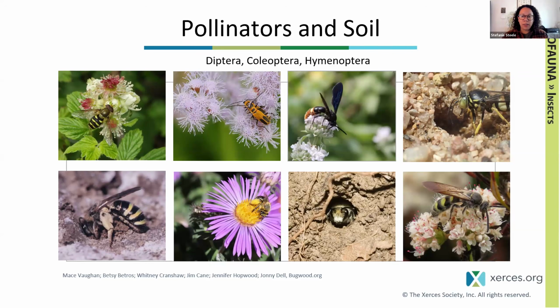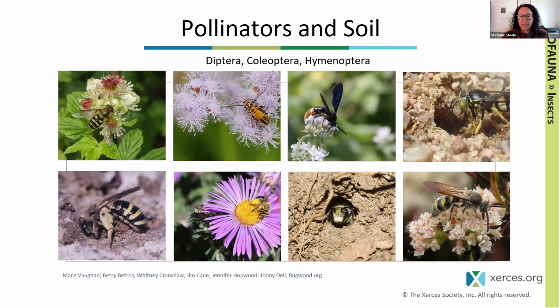They'll provision them with insects for their young, or maybe lay their eggs on different prey, like that scarab beetle larva. There's a particular wasp that will hunt and use that larva to feed its young.